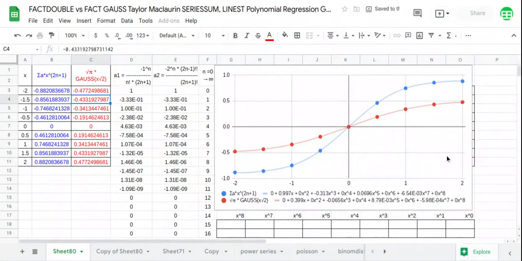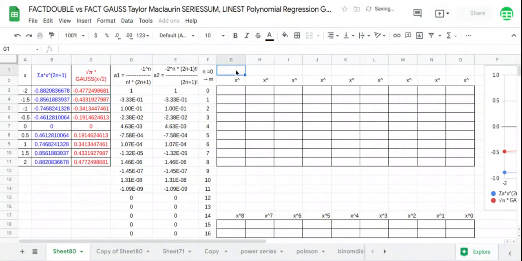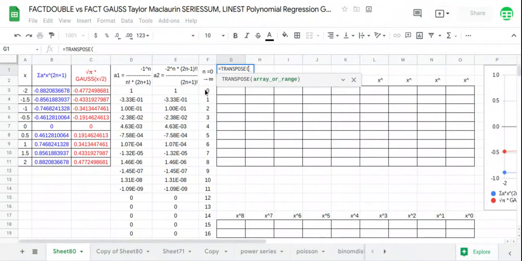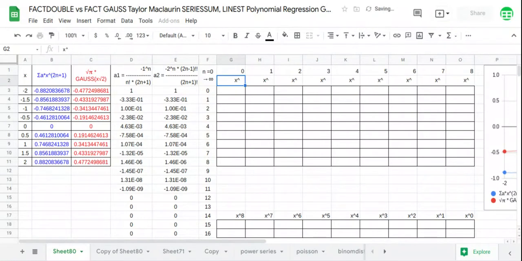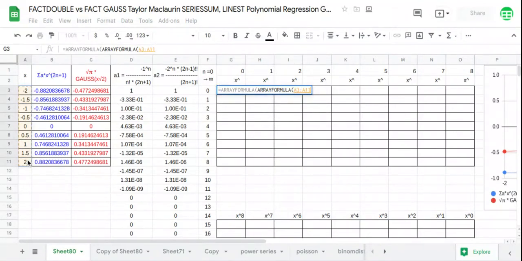We'll calculate the polynomial regression coefficient using LINEST. To do that, we start with the power. This will be transpose of the x values. Now the elements of the LINEST matrix, which is array formula of the x values raised to the power 0 to 8.